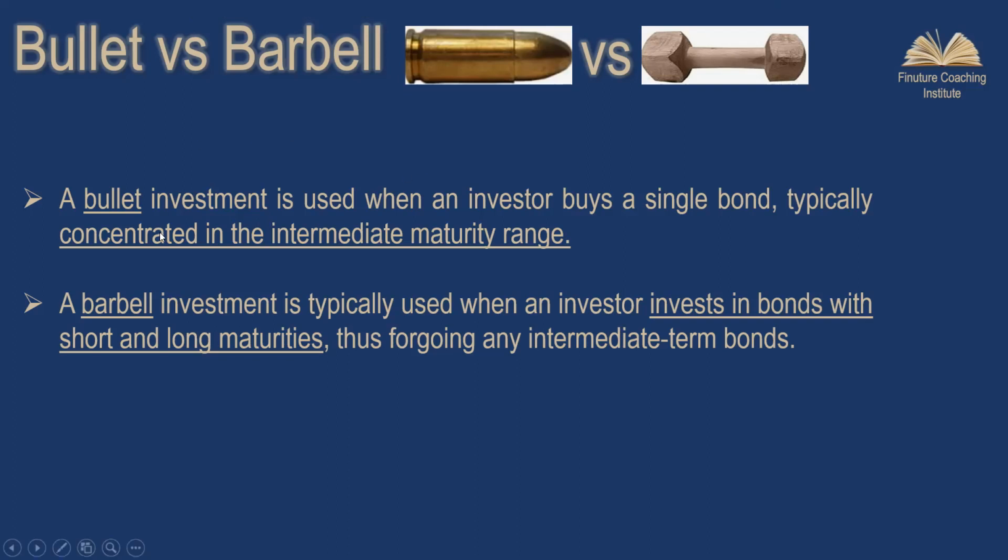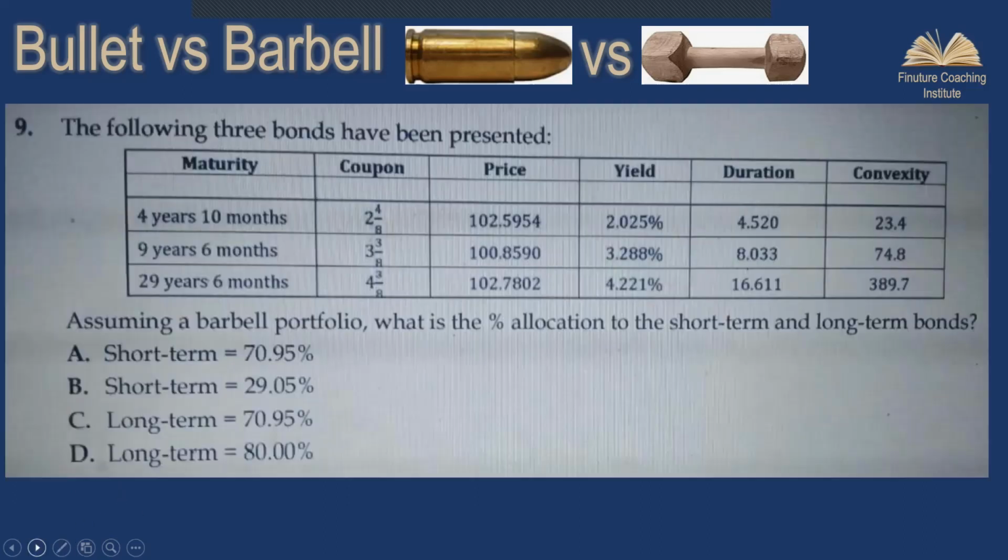So stay till the end so that the key points that I'll be sharing may be useful for you in the exam. A bullet investment is used when an investor buys a single bond, typically concentrated in the intermediary maturity. So, say for example, let me go to another slide, I can explain it in a better manner. Say you have got three bonds, and these are ordered in ascending order of the maturities.